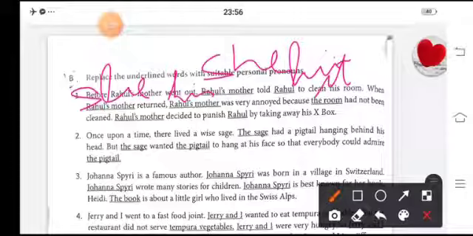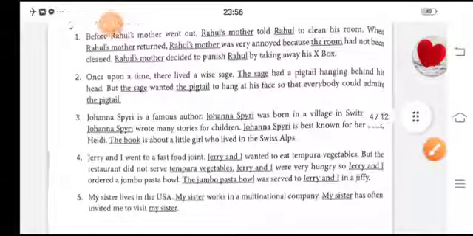It had not been cleaned. His mother decided to punish him by taking away his Xbox.